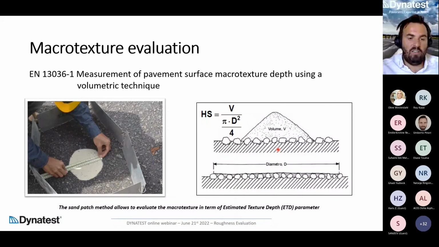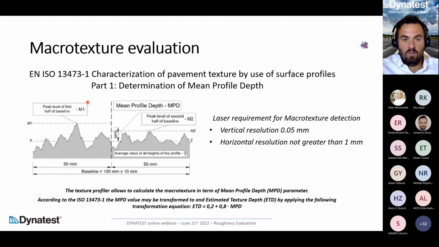Another additional parameter that you can evaluate using the RSP is the macrotexture. The traditional method is the volumetric technique, or sand patch method, which allows evaluating the macrotexture in terms of the estimated texture depth. And you can have here a standard reference. But of course, the laser can be used to measure also the different heights between the grain peaks.